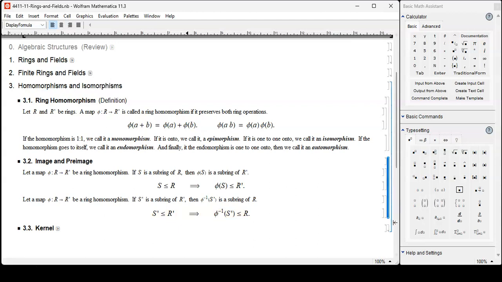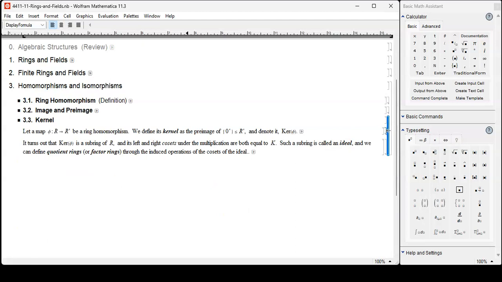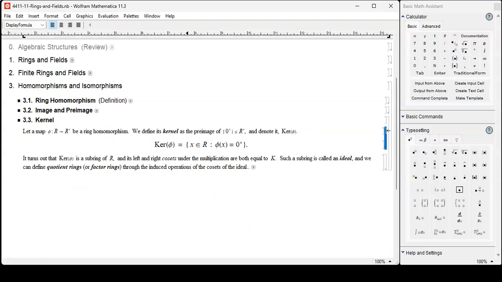Now, the final topic here, kernel. The kernel is a preimage of the additive identity, 0. And here I use 0 prime because it came from the ring R prime, but very few people do this. Let's just use 0.